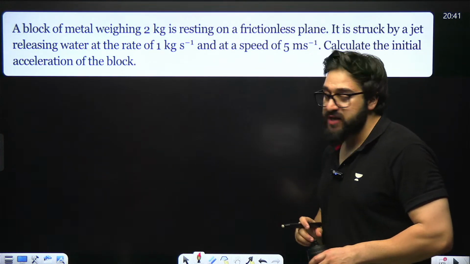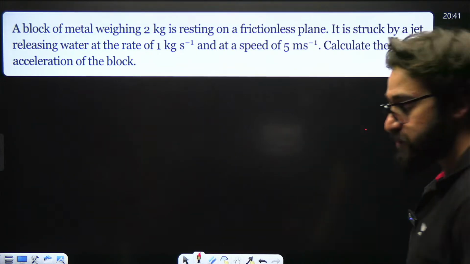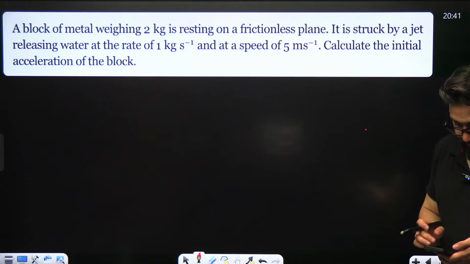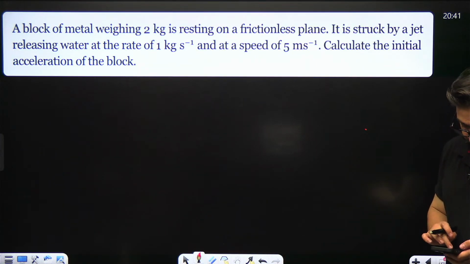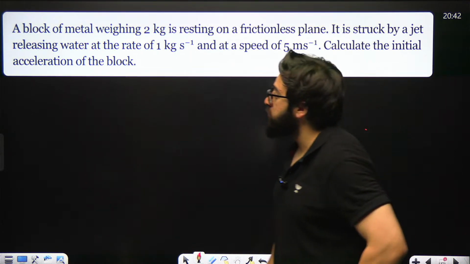Tell me guys, what is the answer of this particular question?